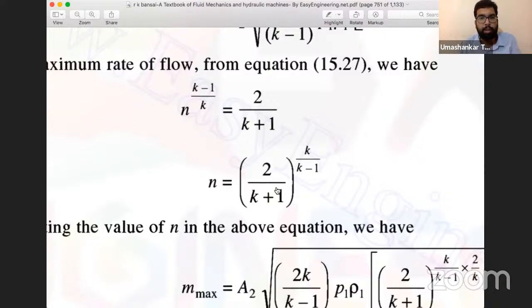Yes, we are having R.K. Bansal on the screen, and this is the same formula I am writing. I have just written this ratio on the other side.